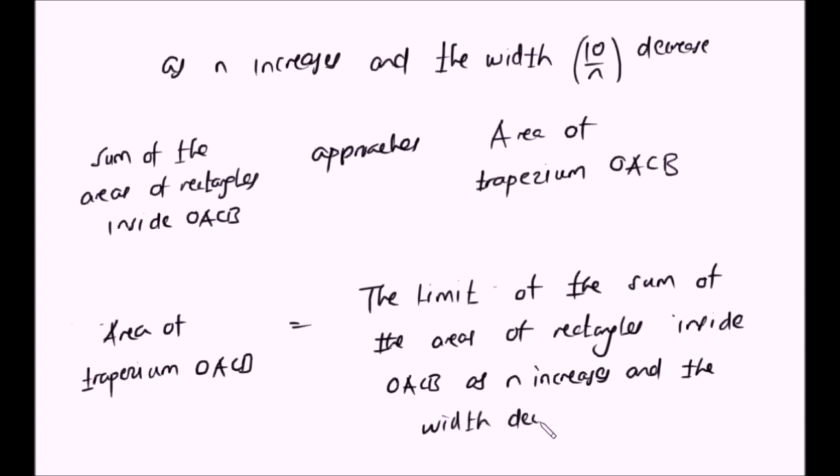So a limit is a value you chase but never reach. So as n increases and the width decreases, the sum of the areas of rectangles chases the area of the trapezium. So the area of trapezium OACB is just the limit of the sum of the areas of rectangles inside as n increases and the width decreases.